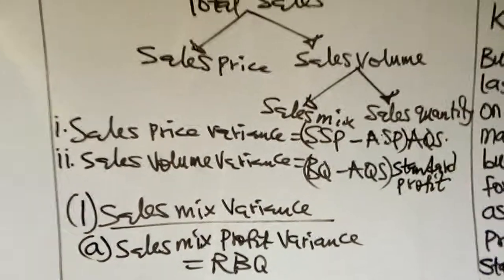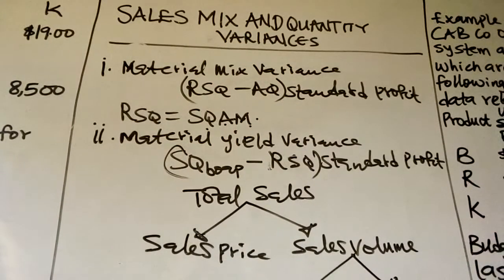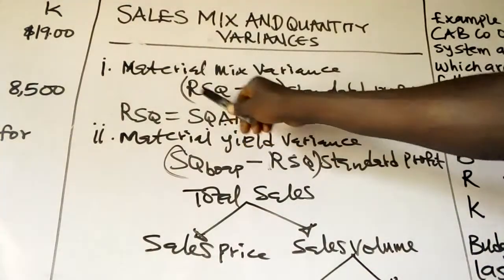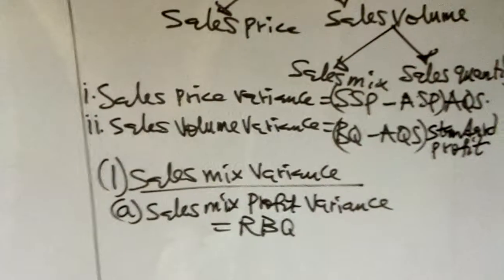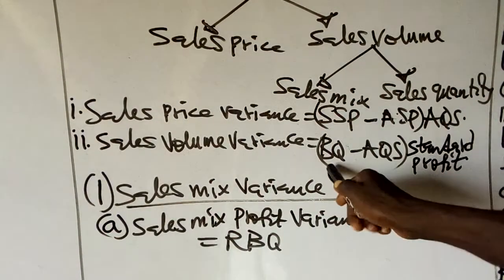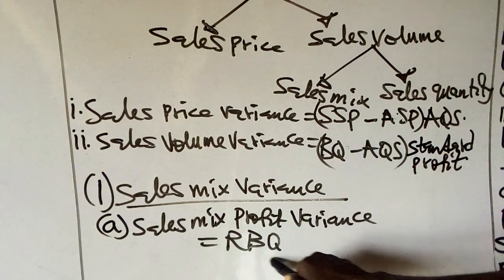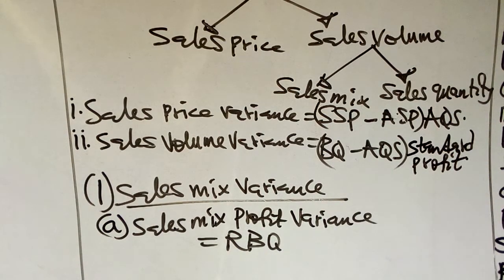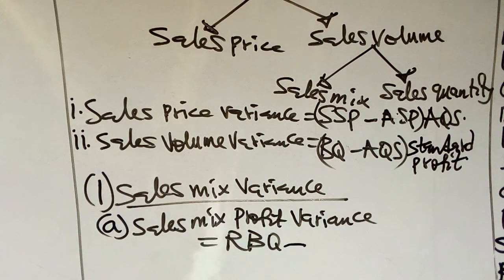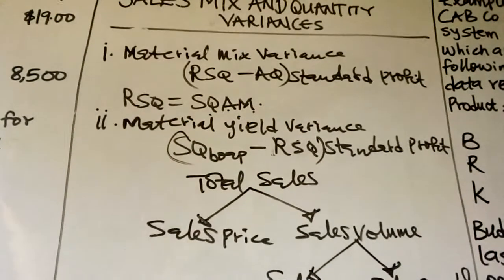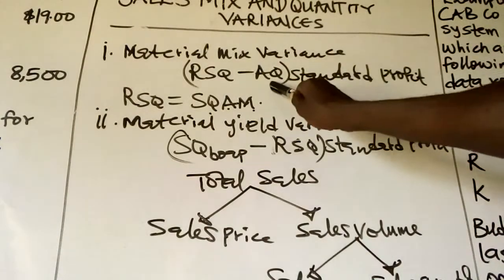Revised budgeted quantity. Since it is the material mix variance, it is the revised standard quantity. In terms of the sales volume variance, we did not use standard, we use budgeted quantity. So that means it will be the revised budgeted quantity minus actual quantity.